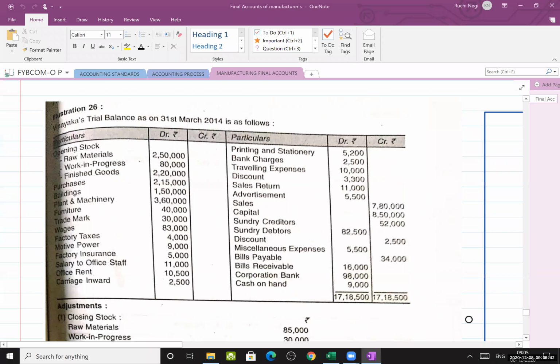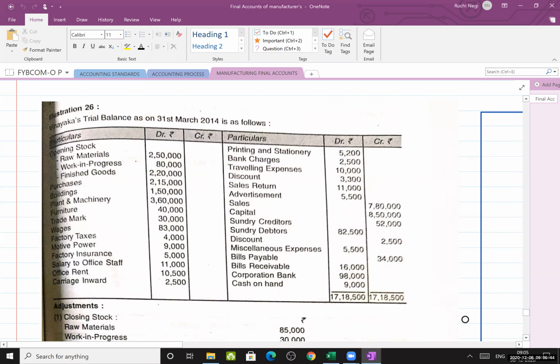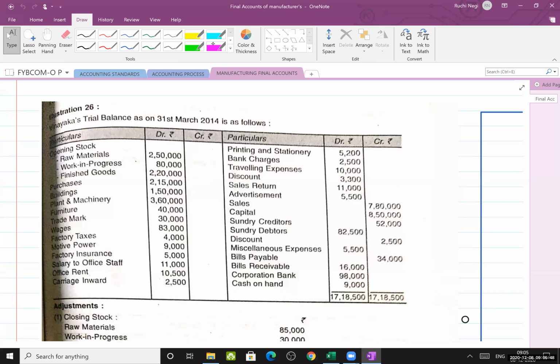Okay, let's go through this question. Question number 26. It's a trial balance of Vinayak, as on 31st March 2014.